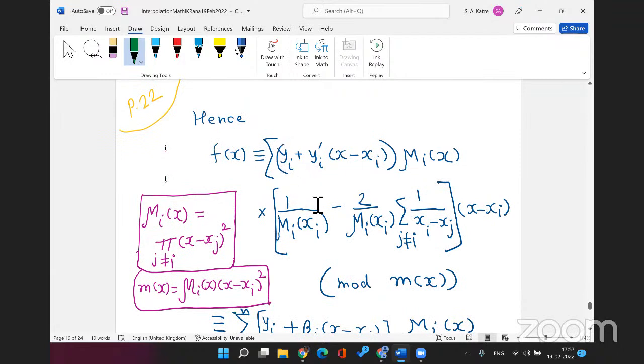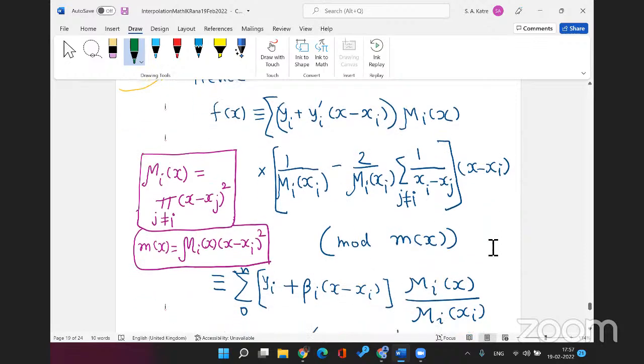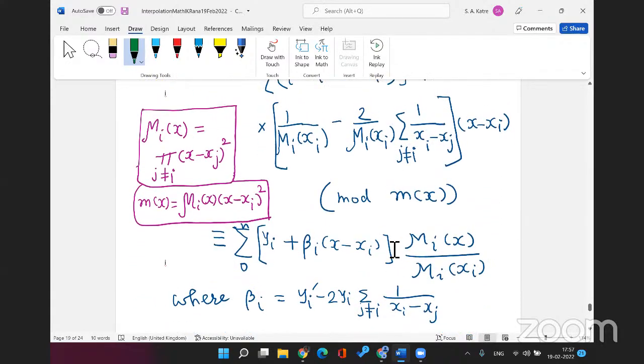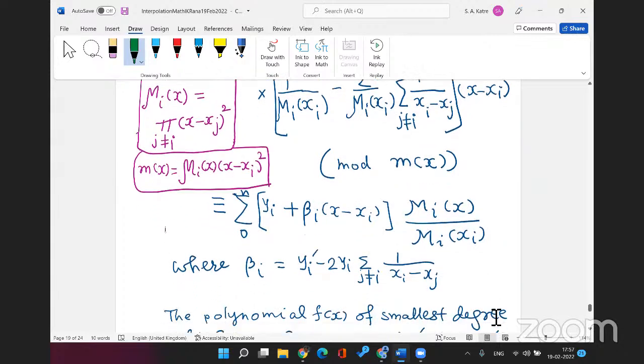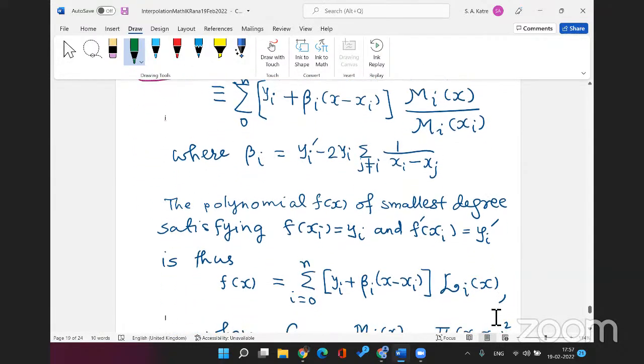So this is a_i, our formula, summation capital A_i M_i bar. So M_i bar is this thing, M_i is here, and this is a_i, and if you simplify this, you will exactly get y_i plus beta_i (x minus x_i) into M_i(x) upon M_i(x_i), where beta_i is what I have mentioned. Beta_i is y_i dash minus 2 y_i summation 1 upon (x_i minus x_j).